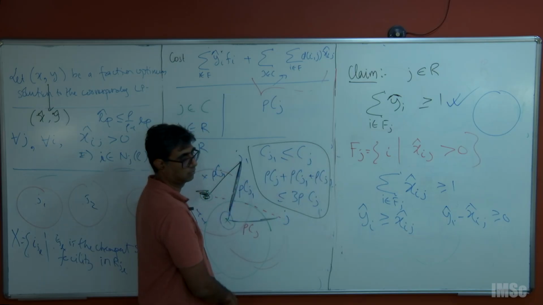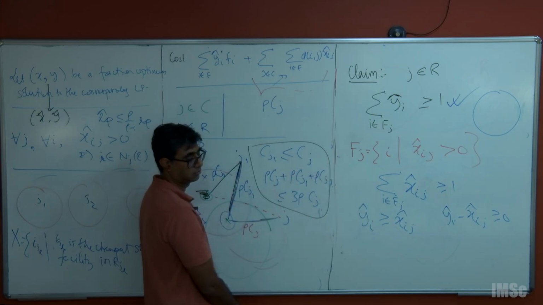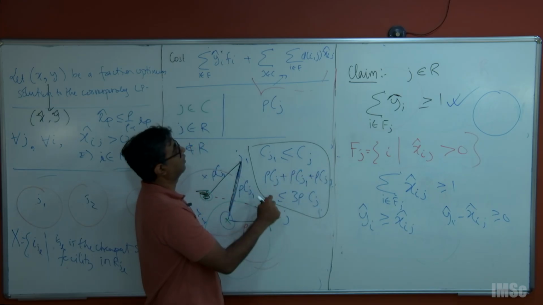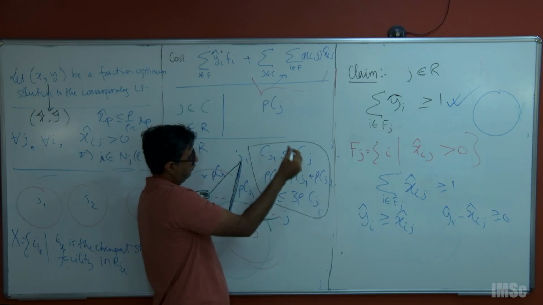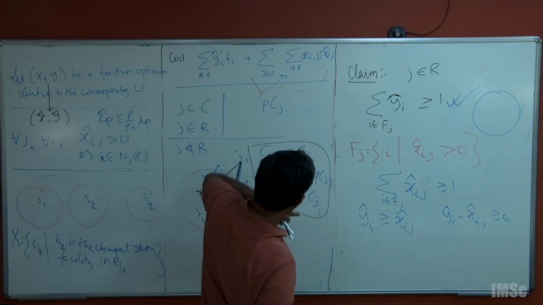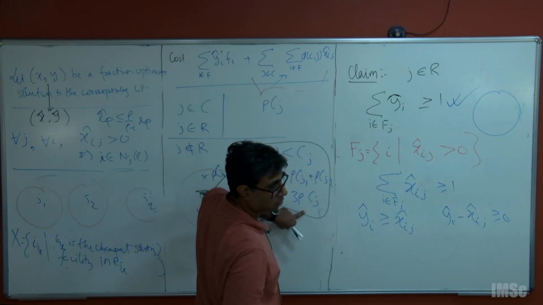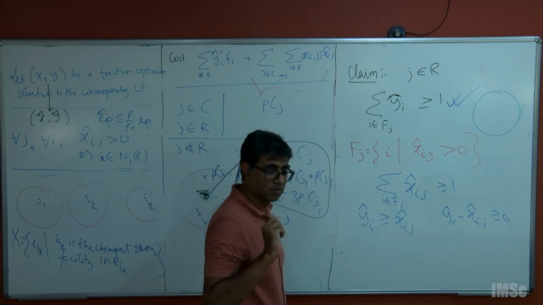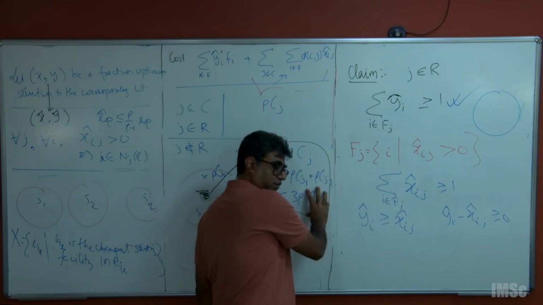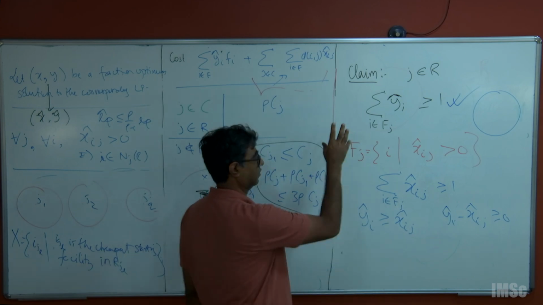But when we are paying for the opening cost, I'm not yet done. I'm trying to analyze that. I'm saying each of them is not paying more than 3 times rho, whatever that distance value is. Everybody was paying some amount, like the best was CJ, and they're paying some 3 times rho here.